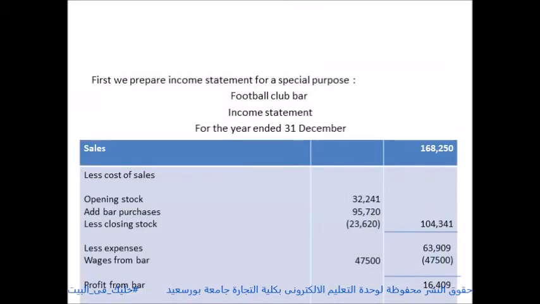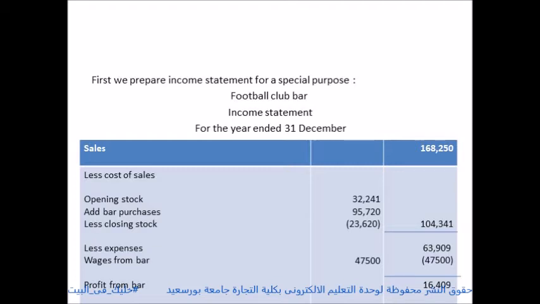First, we will prepare the income statement for a special purpose, which is the club bar. The football club bar income statement for the year ended 31 December will be as follows. First, the sales, which equal 168,250, less cost of sales.